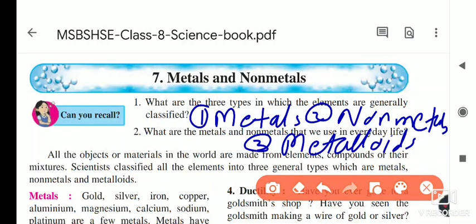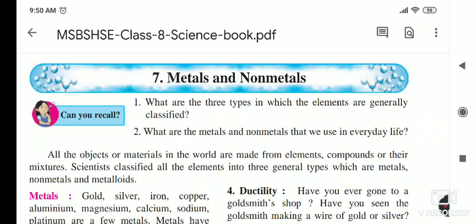Okay, metals and non-metals, you know. And metalloid, this concept may be new for you. The metalloids are those which show the characteristics of both metals and non-metals, and that's why they are called metalloids.